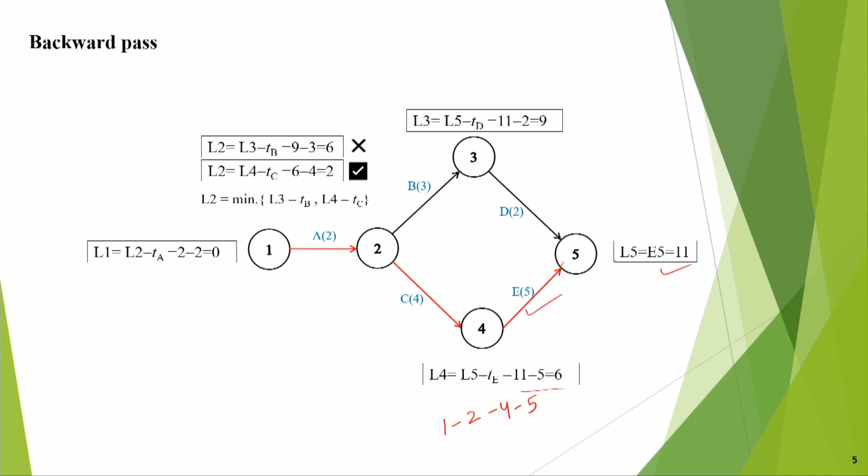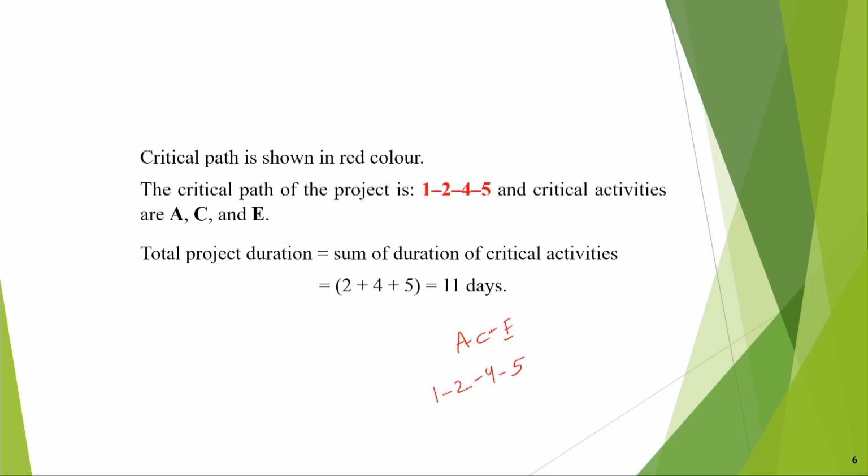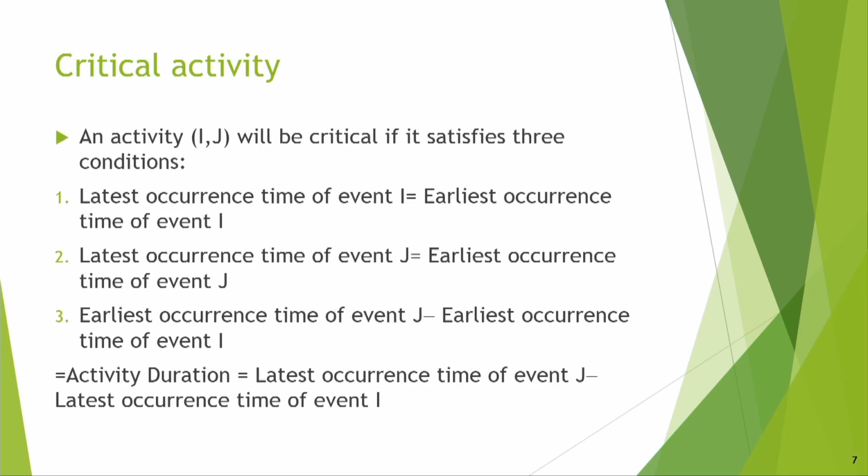Therefore, this is a critical path. But on the other side, 2 plus 3 is 5, 5 plus 2 is 7, that comes to 7 only. So, that is a non-critical path. In the critical path you are going up to this one. Therefore, the total project duration has come to 11 days.